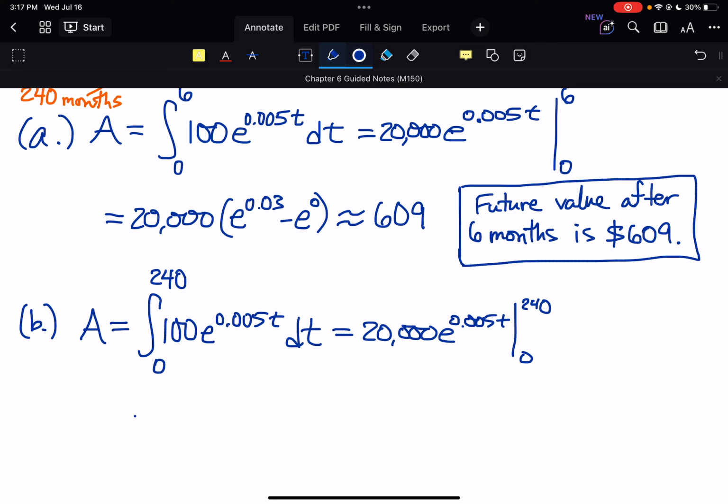So we end up still 20,000 times e to the 1.2 minus e to the 0. That is approximately 46,402.34.